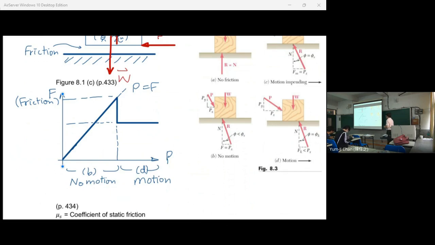Let me copy this figure first. P is larger than F, so there is motion. We have two more things to write down, and I'll talk about this in a minute.